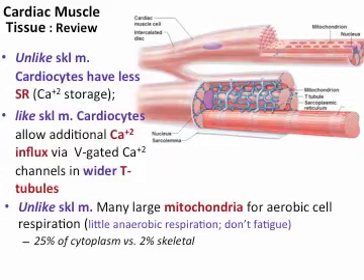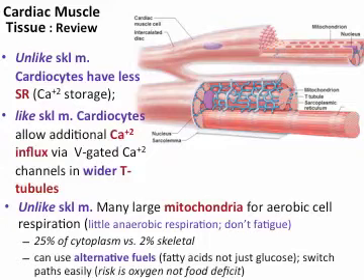About 25% of the cytoplasm in cardiac muscle cells is occupied by mitochondria, and about 2% of the skeletal muscle cytoplasm has mitochondria. So the heart muscle cells can use alternative fuels.